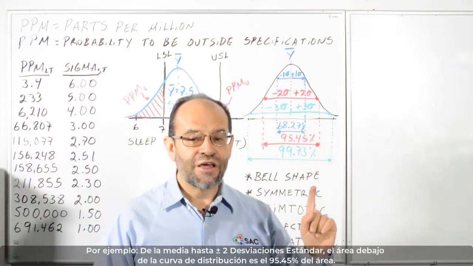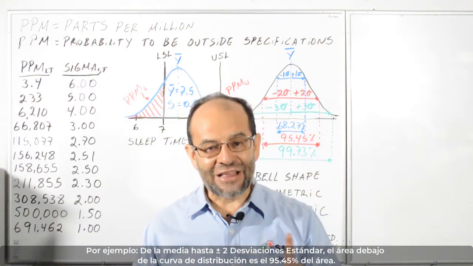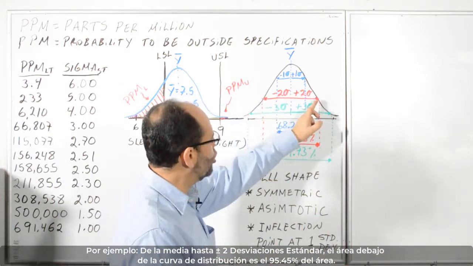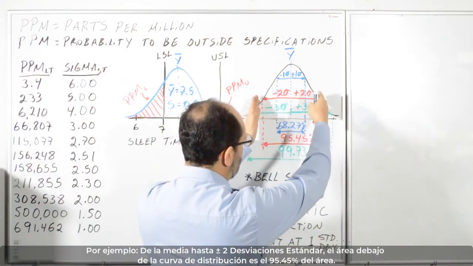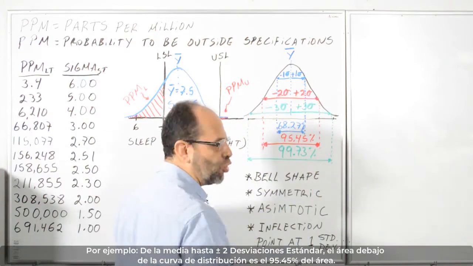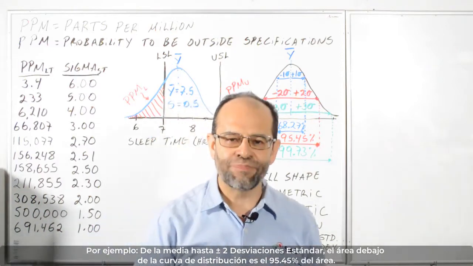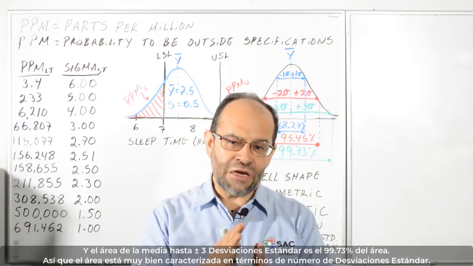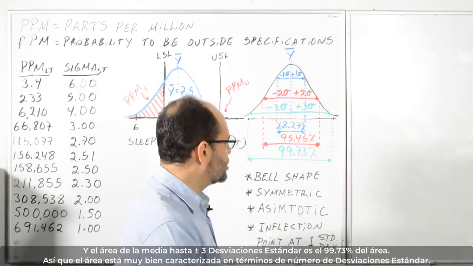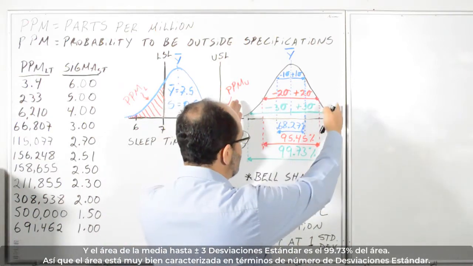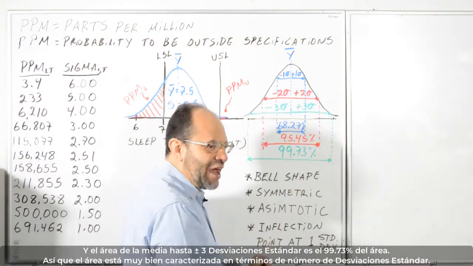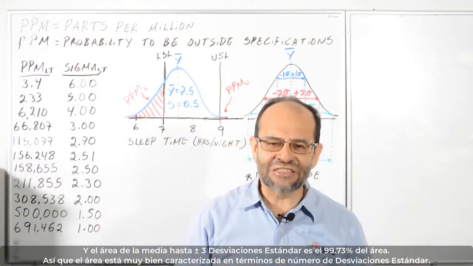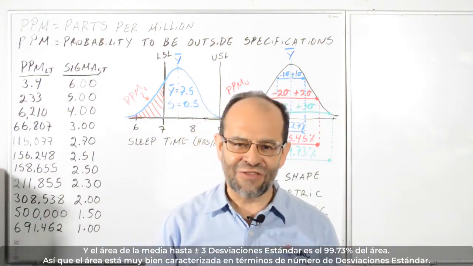For instance, the mean plus minus 2 standard deviations, this area below the curve is 95.45% of the area. And well, the mean plus minus 3 standard deviations is, for instance, 99.73% of the area. So the areas are very well characterized in terms of number of standard deviations.